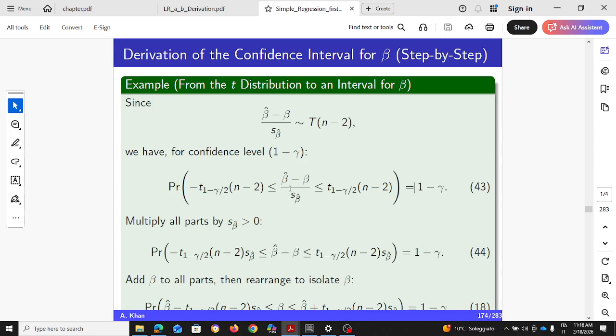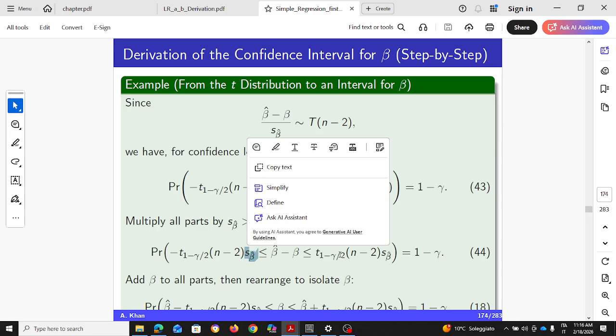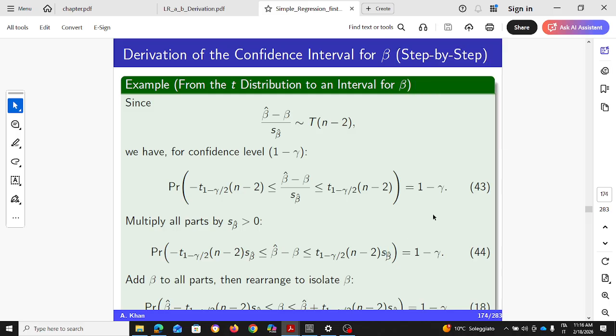Now, to get rid of this from the denominator, multiply both sides by S beta. We also don't need this value here, because this is the estimate which we calculated before the confidence interval, and we want to check whether this estimate really lies in the confidence interval or not.